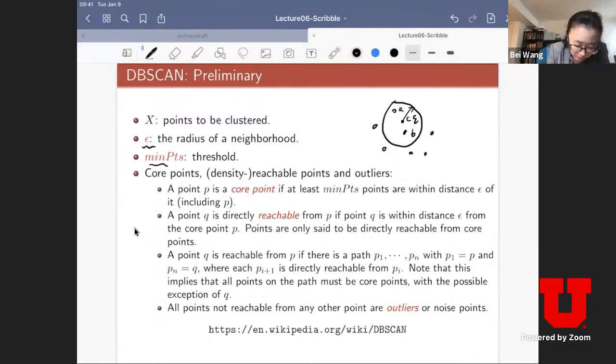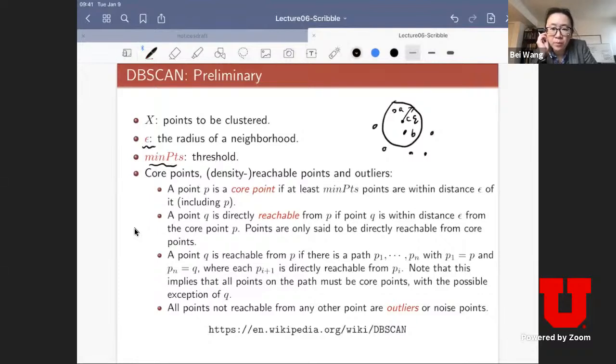And minimum points is a threshold, think of it as a density threshold, okay? So you have a few definitions: what's called a core point, density reachable points, and outliers, okay?